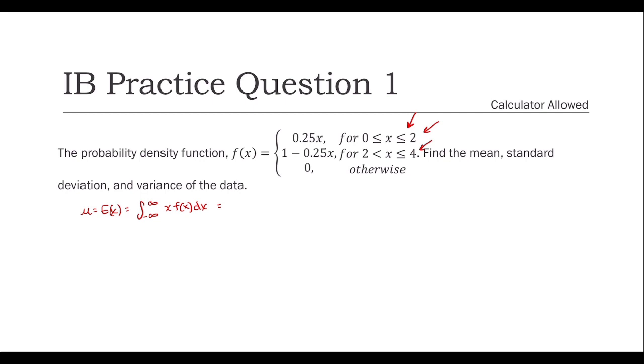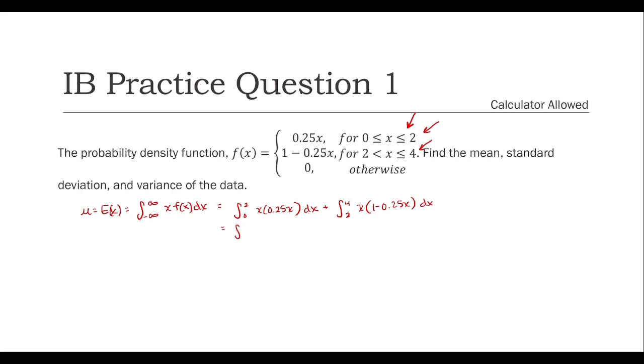So for this first function, it would be our integral from 0 to 2 of x times 0.25x dx, and then we're adding our integral from 2 to 4 of x times 1 minus 0.25x dx.